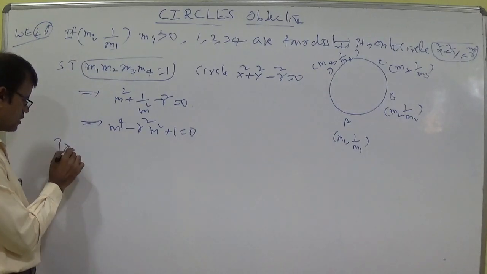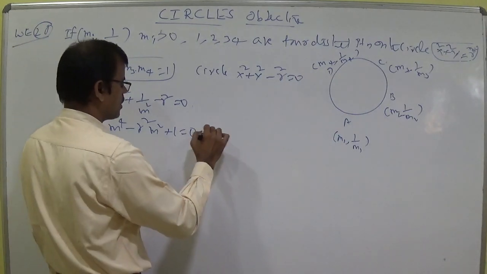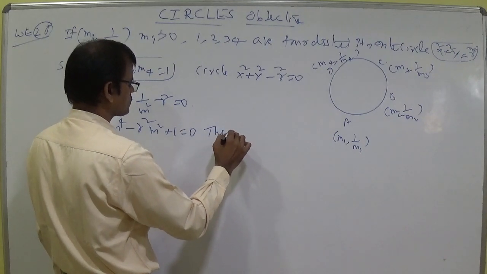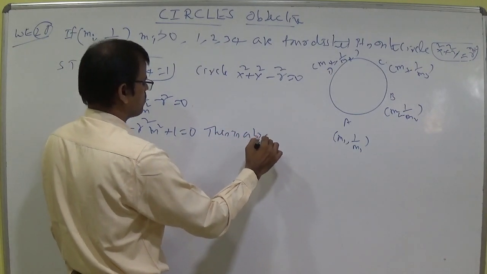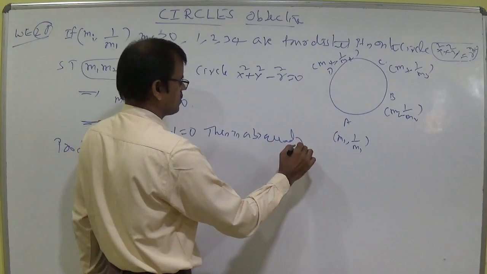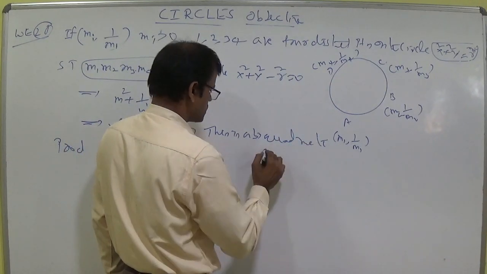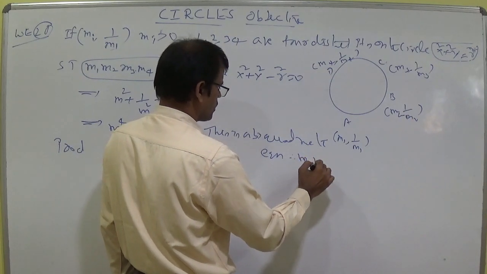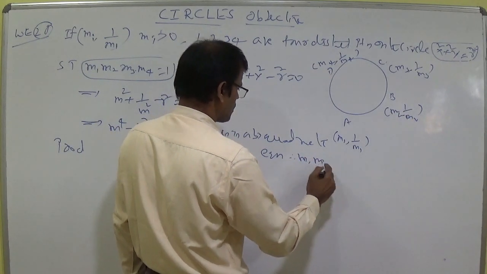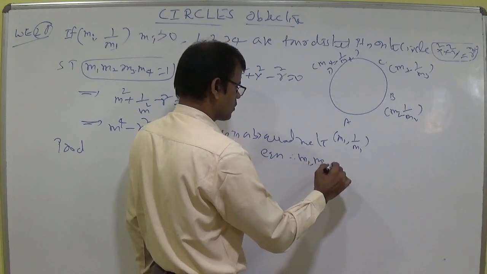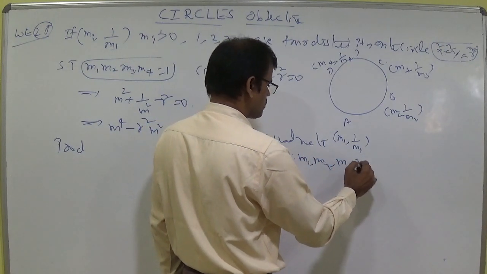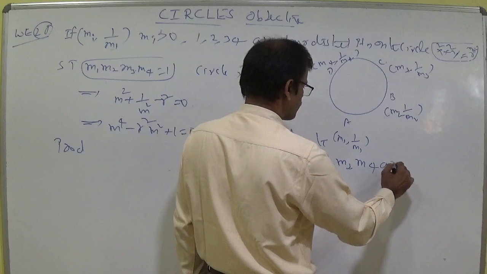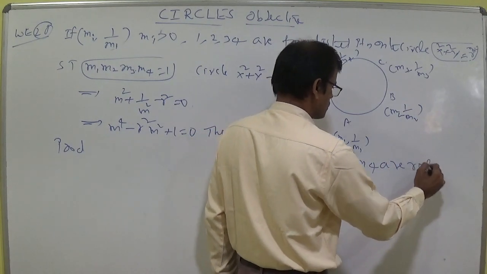Now this is a biquadratic equation. Therefore, m1, m2, m3, m4 are its roots.